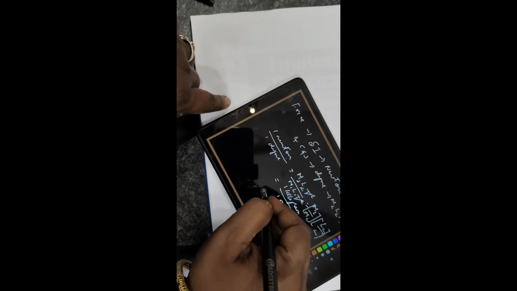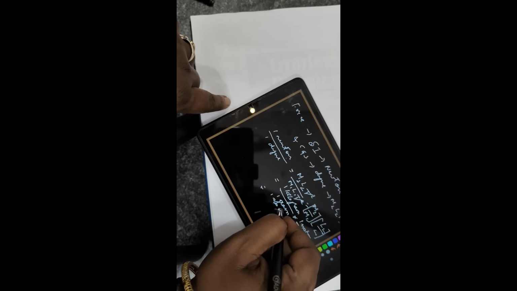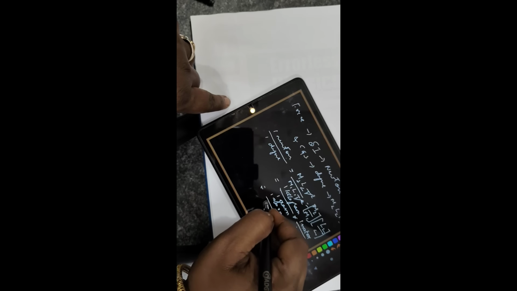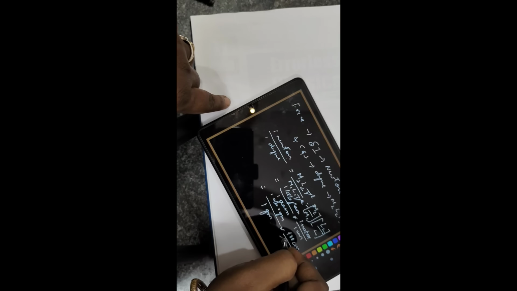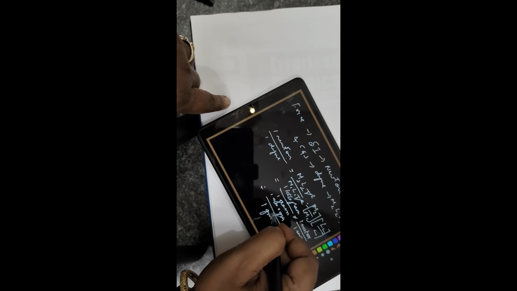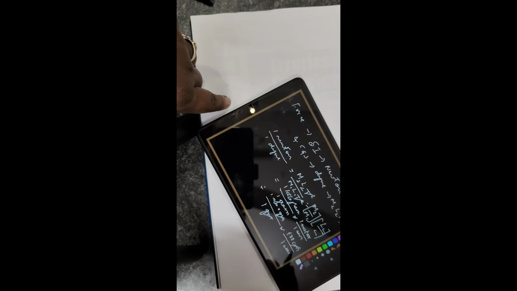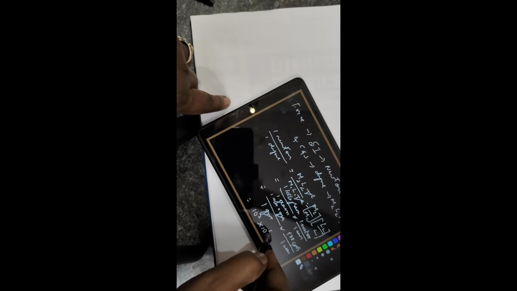So this is 1000 gram upon 1 gram, into 100, since 1 meter is 100 centimeter, 100 centimeter by 1 centimeter. So units will cancel out. So it is 10 to the power of 3 into 10 to the power of 2, so it will be 10 to the power of 5.